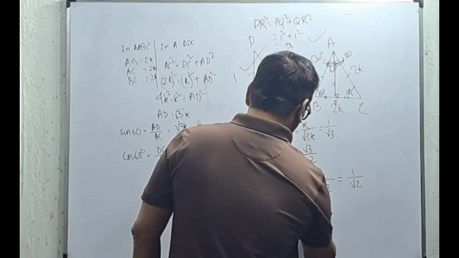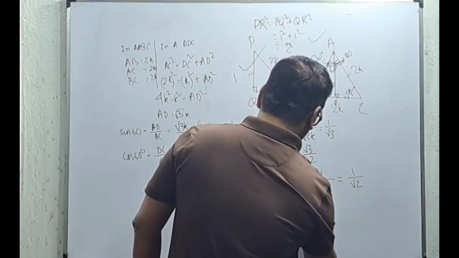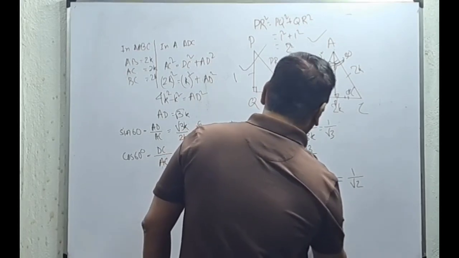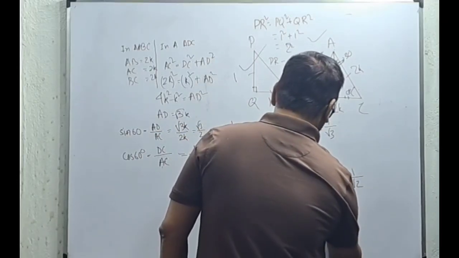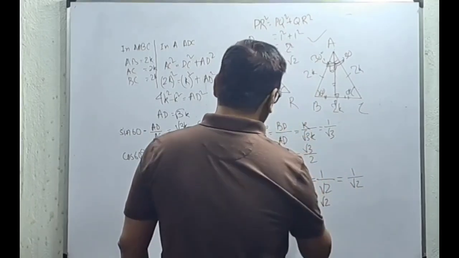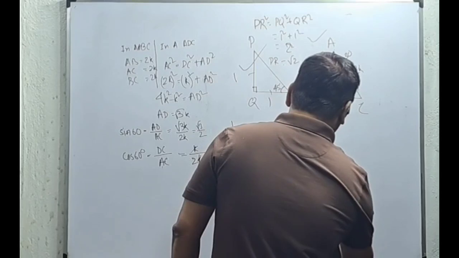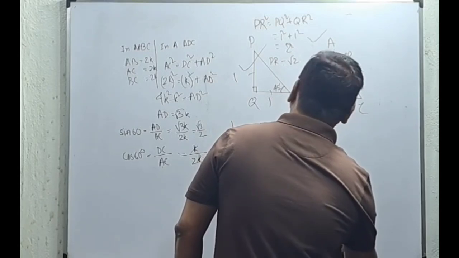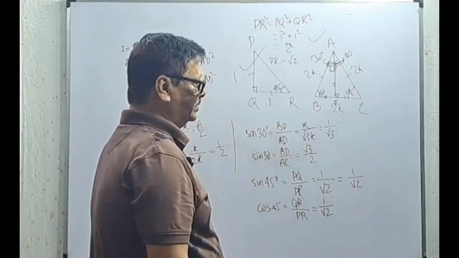So QR by PR, which is equal to, QR is 1, sorry, 1 by root 2. Right? So sine 45 degree is equal to that. That is also.